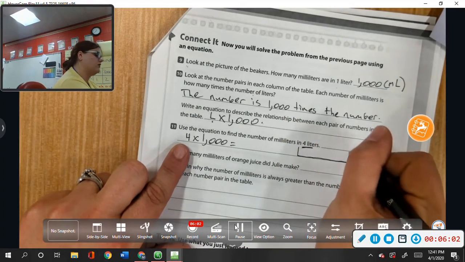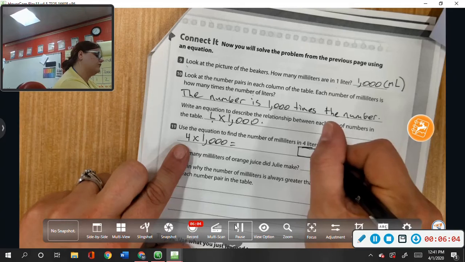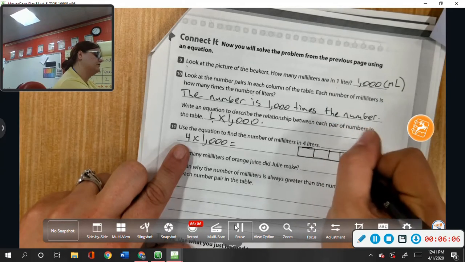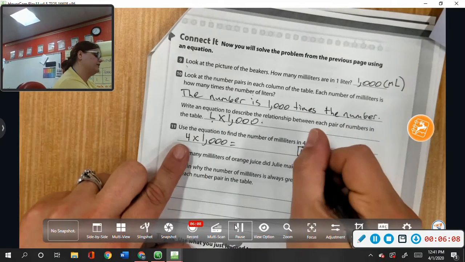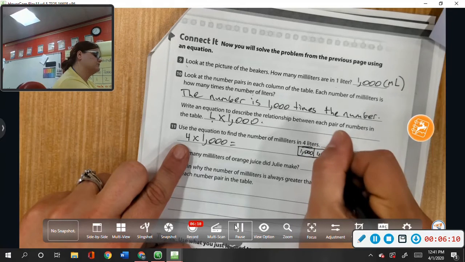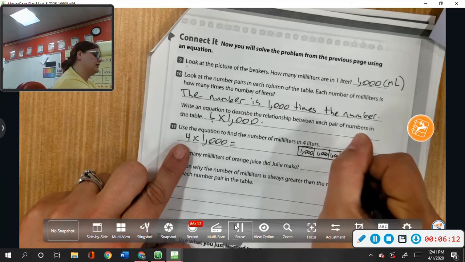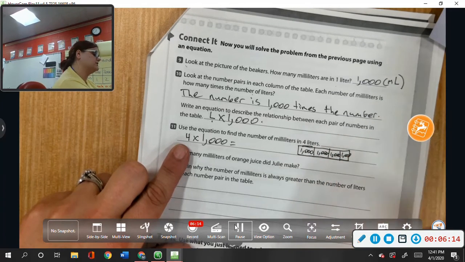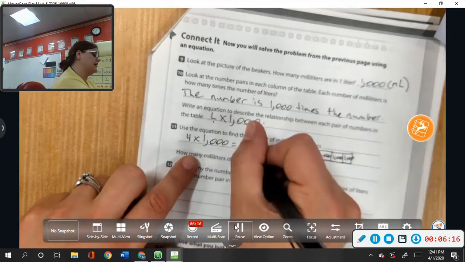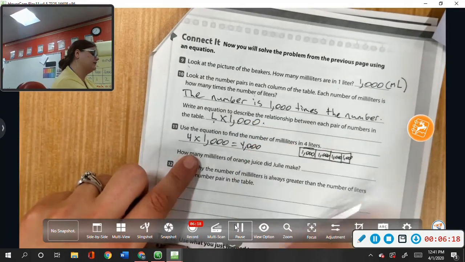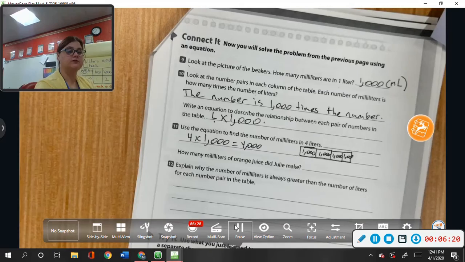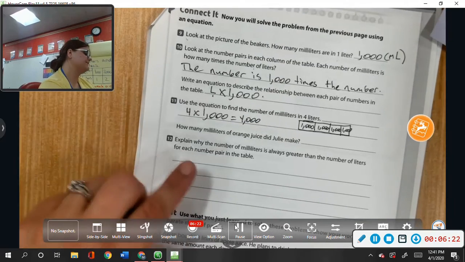We have 4 groups, 1, 2, 3, 4. Each group has 1,000. You can use repeated addition, or you can just multiply it out and find that there are 4,000 milliliters in 4 liters.